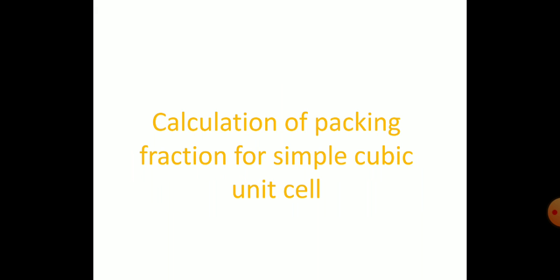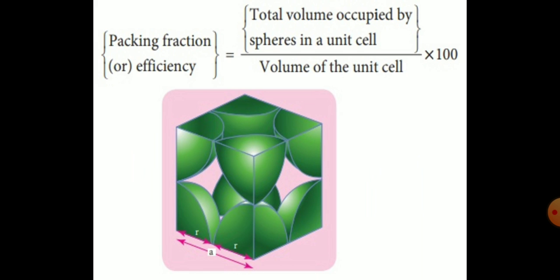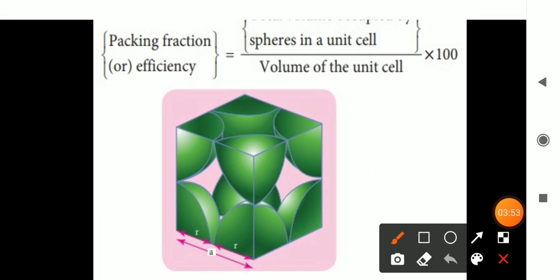Calculation of packing fraction for a simple cubic unit cell. Look here, this is the picture which shows how the constituent particles are arranged in the case of a simple cubic unit cell. Here, one thing we have to remember. This is given as a, the length of an edge of a cube.